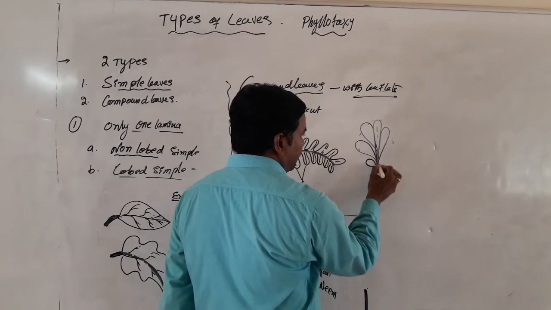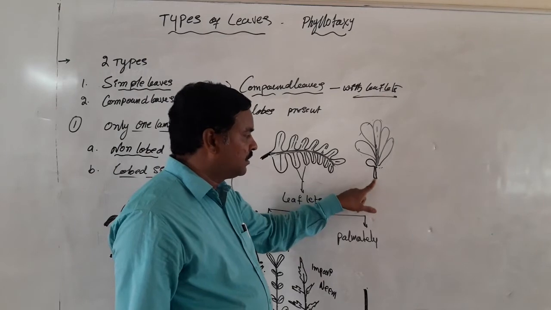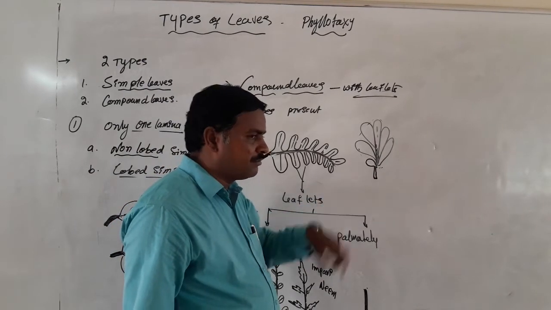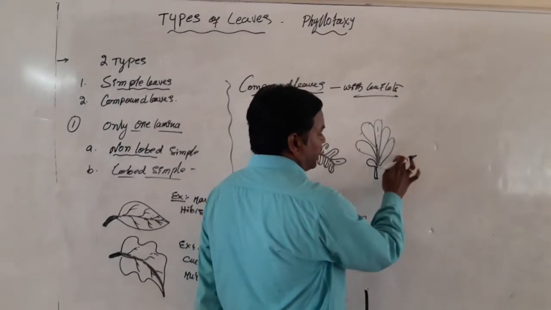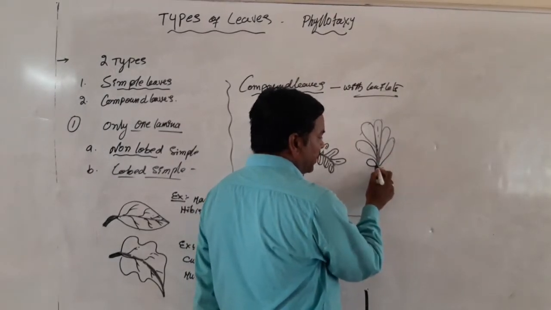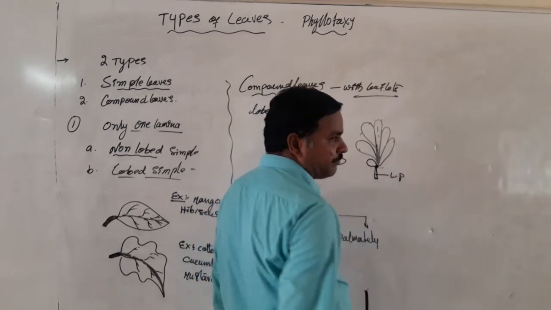In this way, all these incisions touch the tip of the petiole, resulting in all these leaflets being attached at a common point at the tip of the leaf petiole.